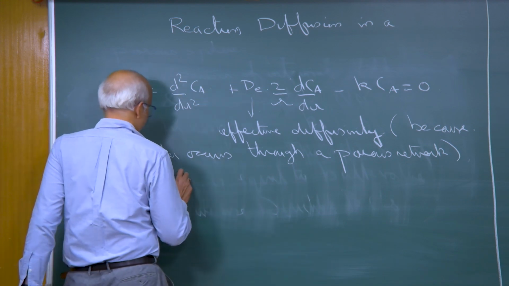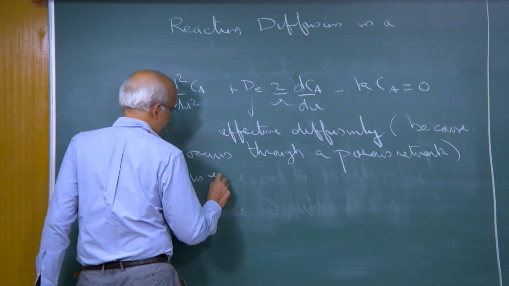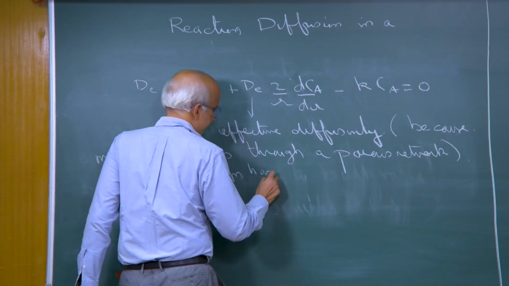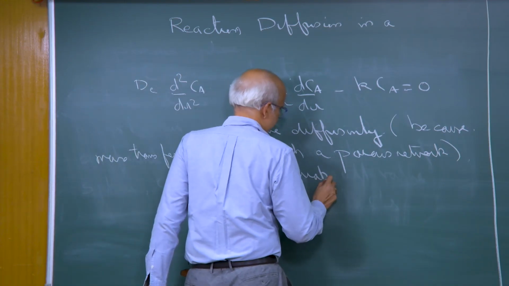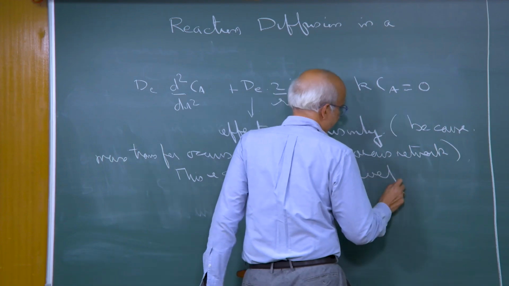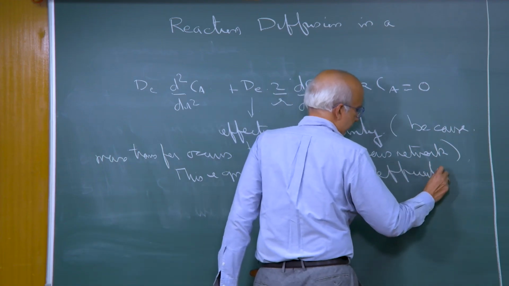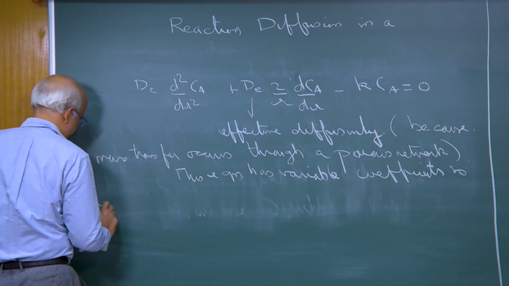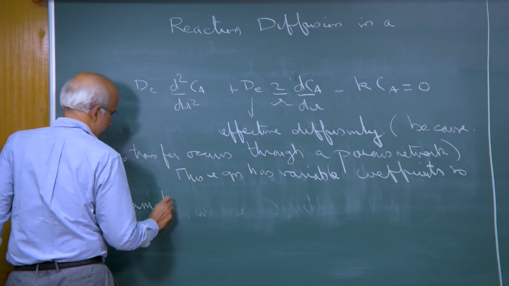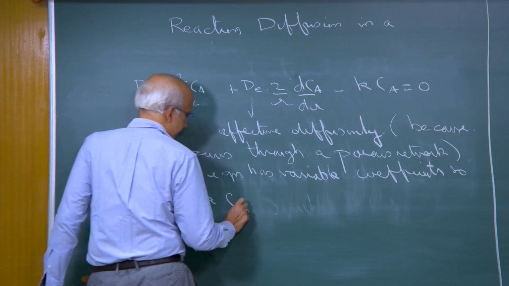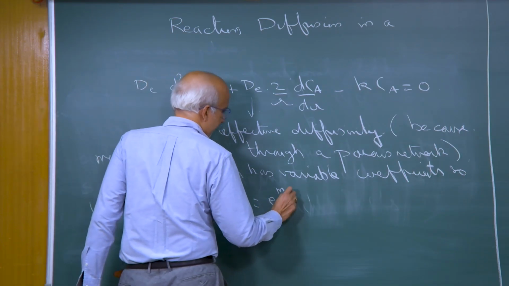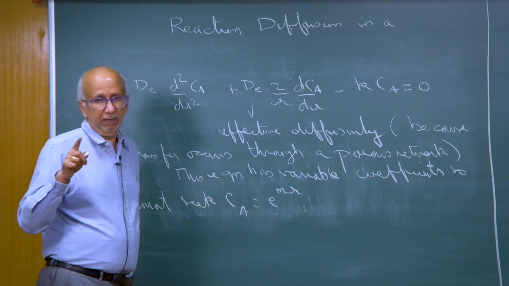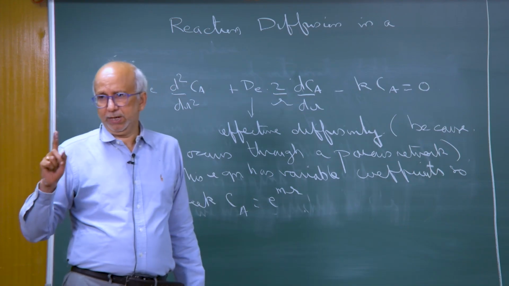And so, this equation has variable coefficients. So, we cannot seek Ca as e power mr. In the slab problem, you had constant coefficients.